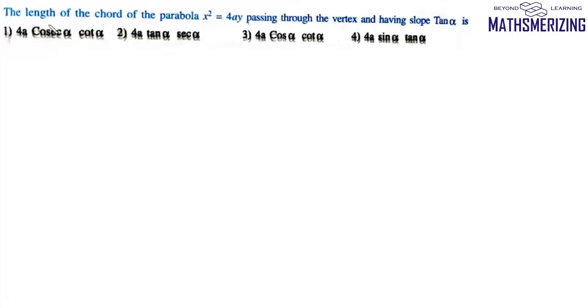Now here the question is, we need to find length of the chord of parabola x square equals 4ay, which passes through the vertex and has slope tan alpha.